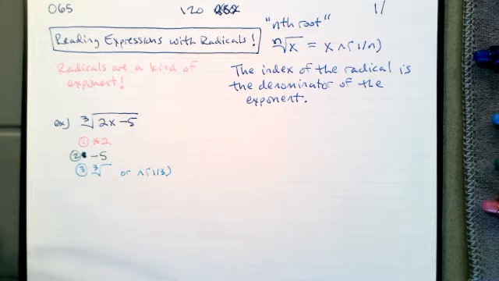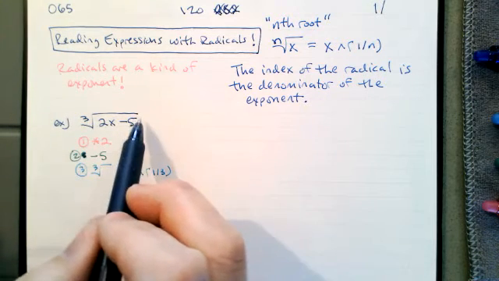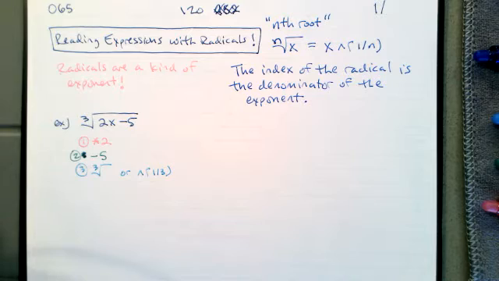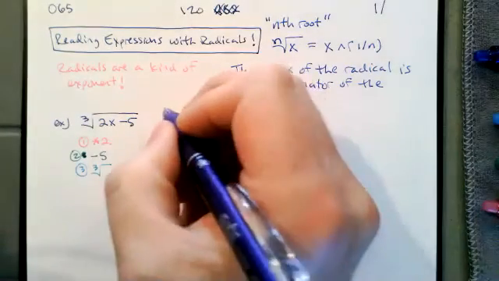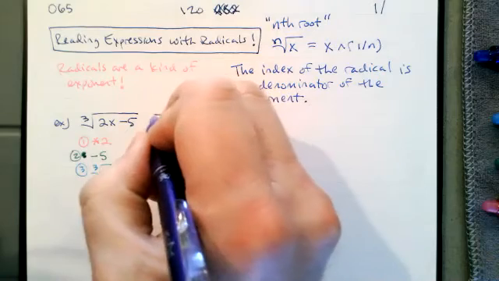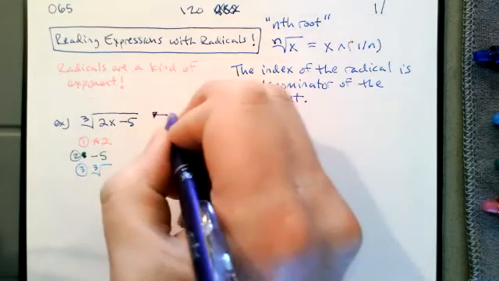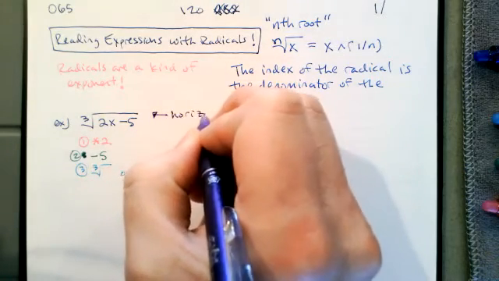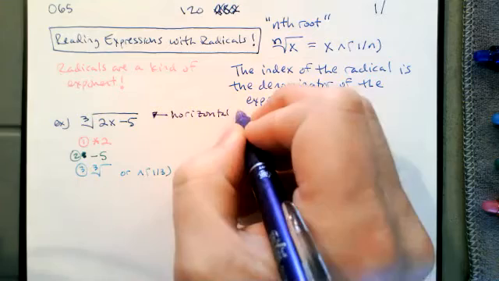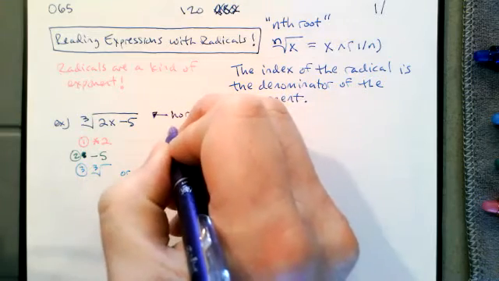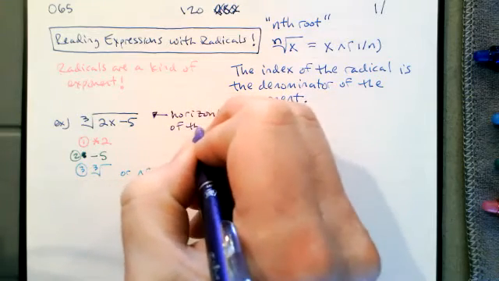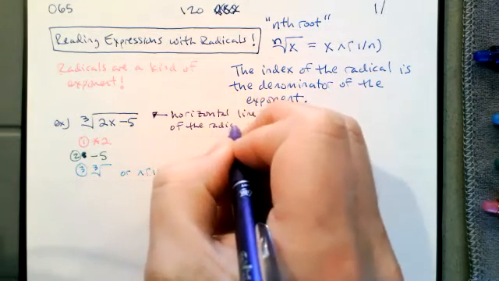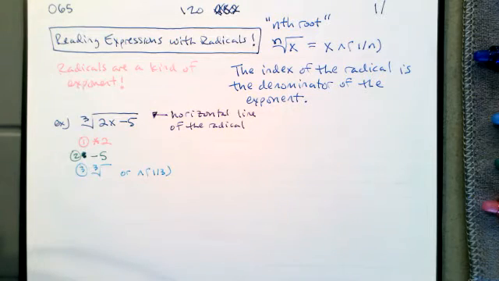In a radical, the horizontal bar acts as a grouping symbol.